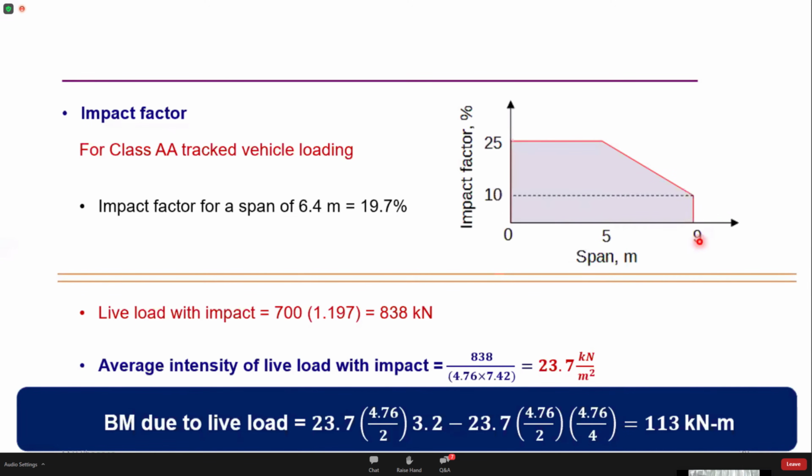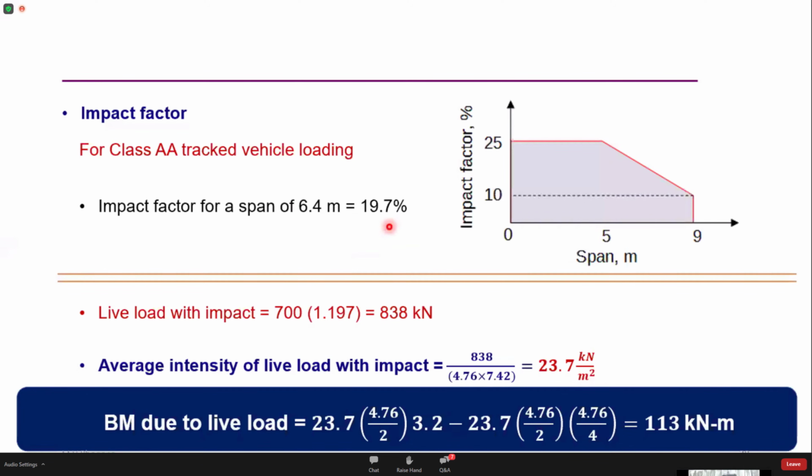This is the variation of impact factors for IRC class A, AA tracked vehicle loading. For us, the span is around 6.4 meters. From interpolation, I can calculate the impact factor, and this works out to 19.7%.